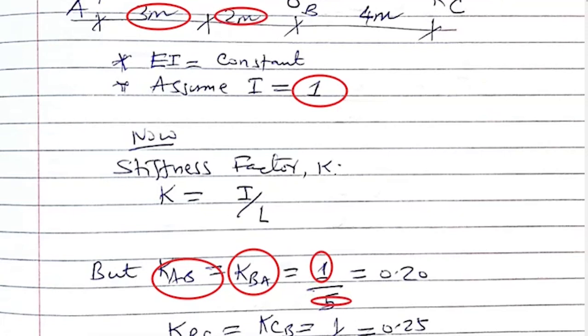Now you get your factor there, 1 over 5, you have an average of 0.2.